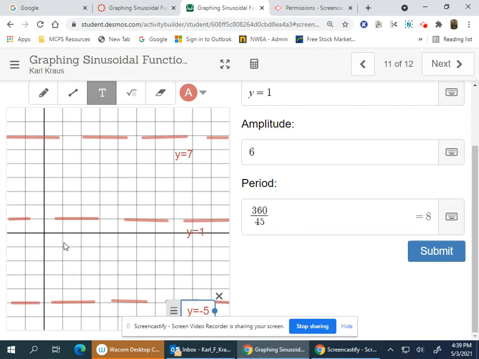Yeah, that looks good. All right, so 1, 2, 3, 4, 5, 6, 7, 8, 9. Got it labeled right.